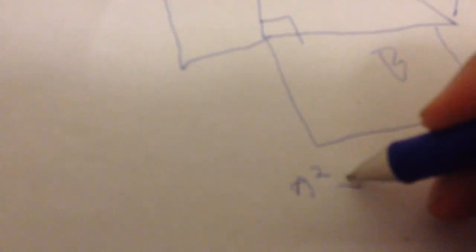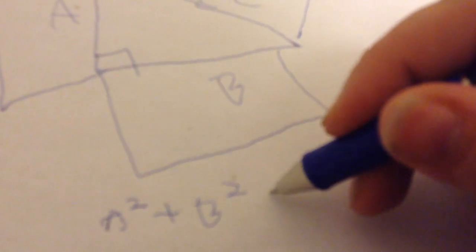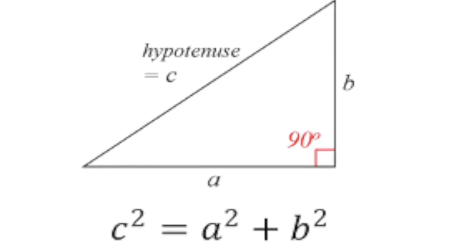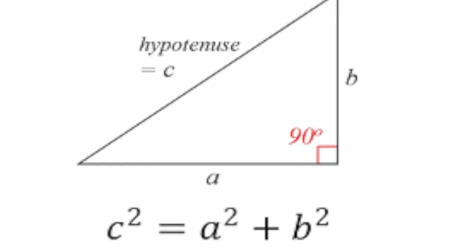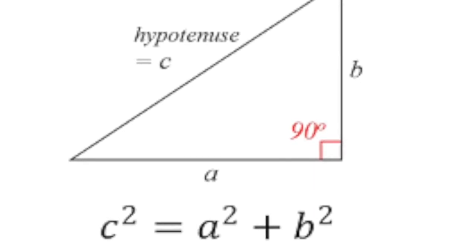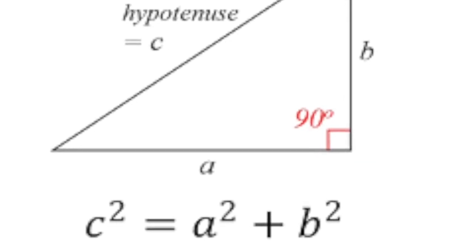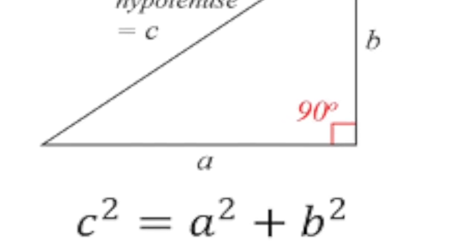So, if we find A and times it by itself, and add B times by itself, and then find the square root of that answer, we have C. Unfortunately, I don't fully understand why Pythagorean theorem works, and anyway, it's a topic for a whole other video, so I'm gonna put a link in the description to a video that attempts to show you why Pythagorean theorem works.